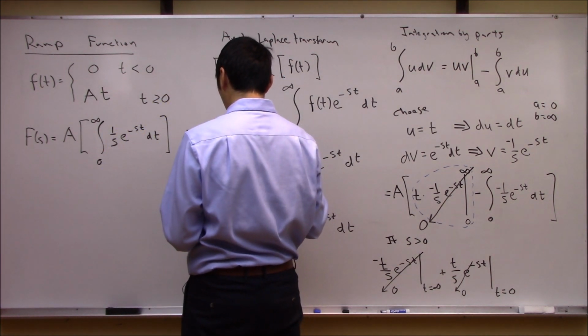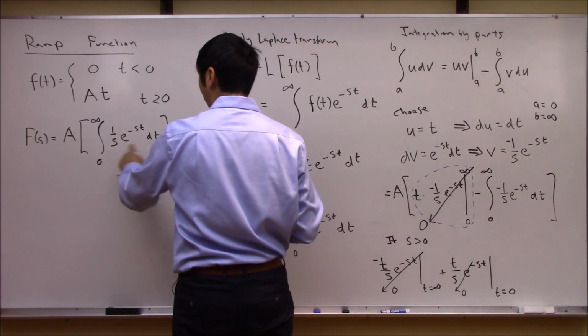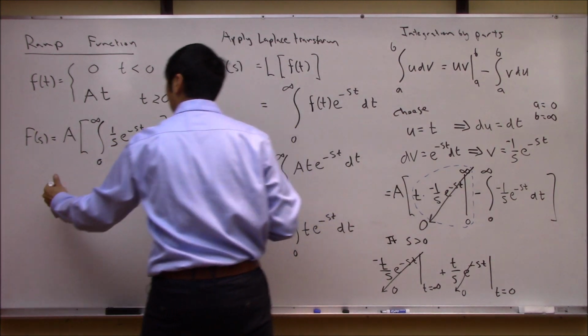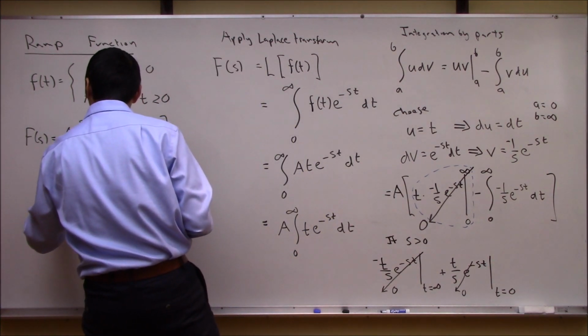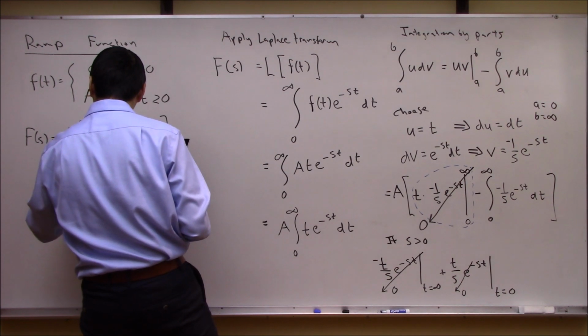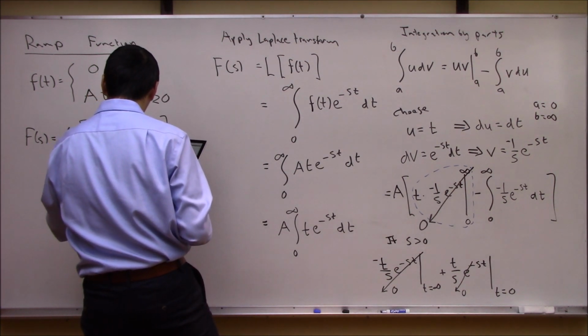Great. Okay, s is not a function of t, so it can come out of the integral, so this whole thing can be a over s times the integral from 0 to infinity of e to the minus st dt.